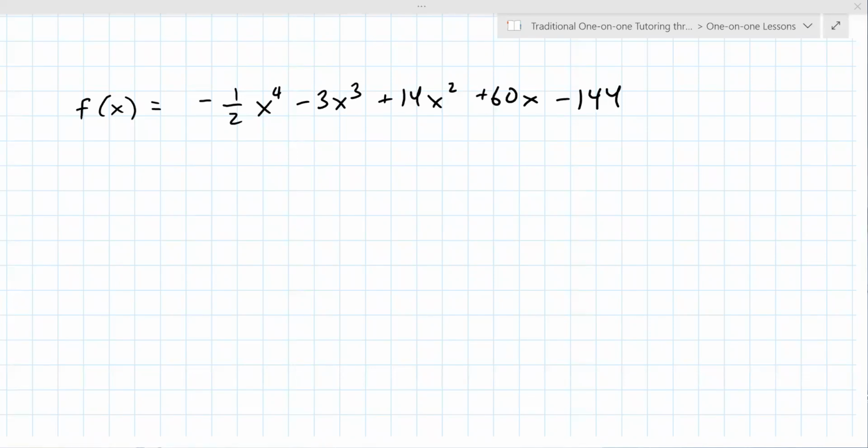Let me frame this a little better. It goes down to minus 20, and up to 200. Okay, this is a good window.